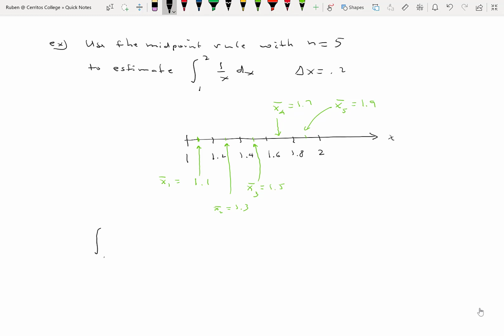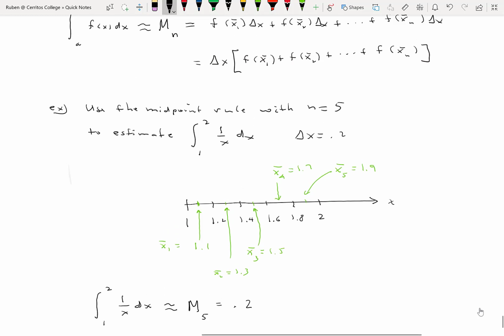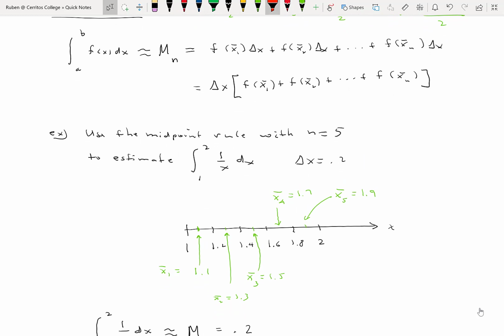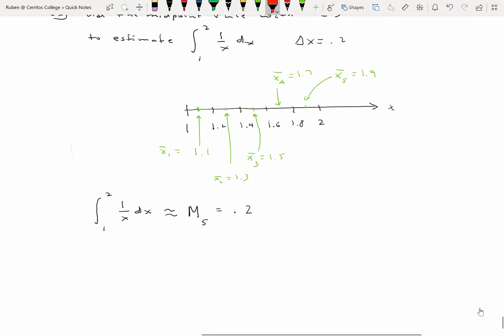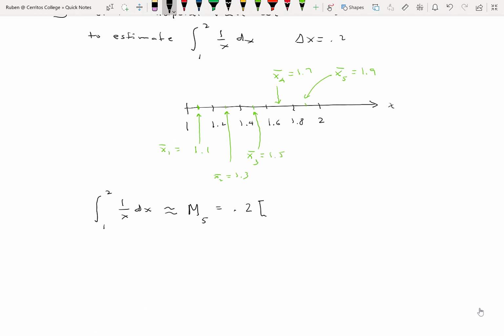The integral from 1 to 2 of 1 over x with respect to x is approximately equal to the midpoint rule with n equals 5, M sub 5, which is delta x, and delta x is 0.2, times f of the first midpoint plus f of the second midpoint plus f of 1.5 plus f of 1.7 plus f of 1.9.